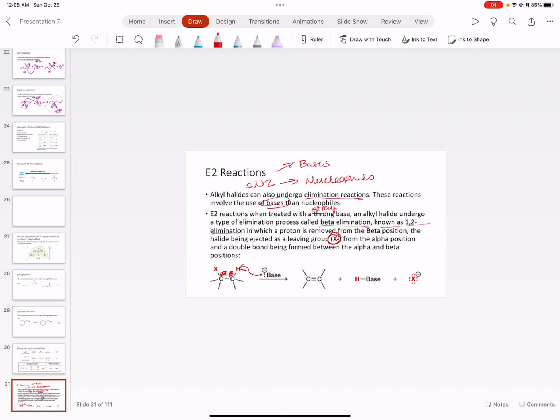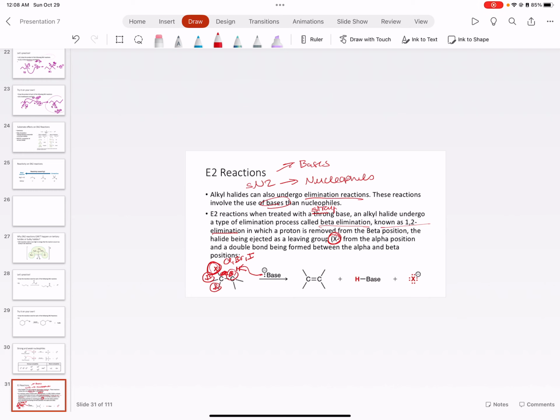Your alpha carbon is normally the one that carries the halide, which is chlorine, bromine, or iodine. Therefore, your beta positions are this one down here, or this one, or even this one can be your beta positions. Beta positions are the ones that are next to the alpha ones.